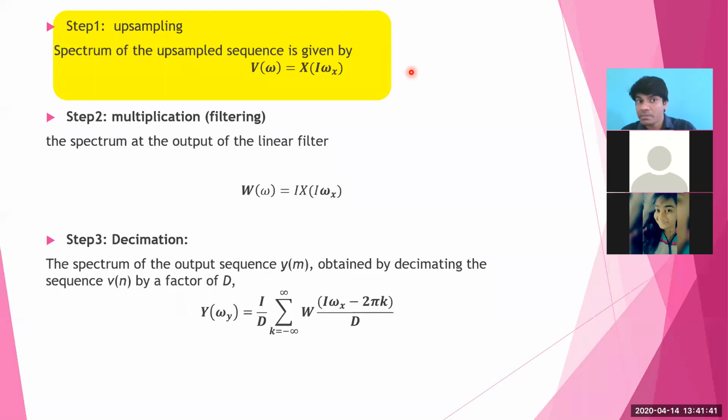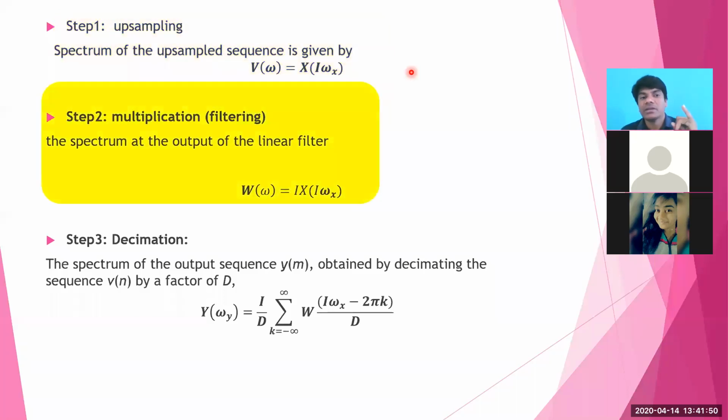This is for upsampling. As you can see, when I say upsampling, the rate is increased by a factor I. And then filtering: convolution in time domain is like multiplication in frequency domain. Here you can see I multiplied the filter.